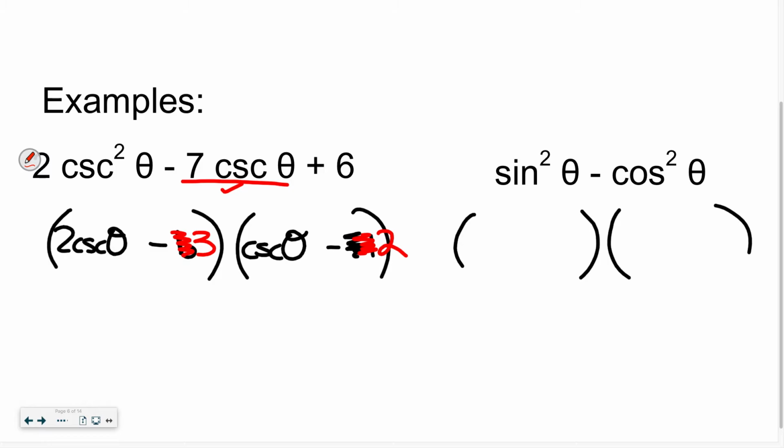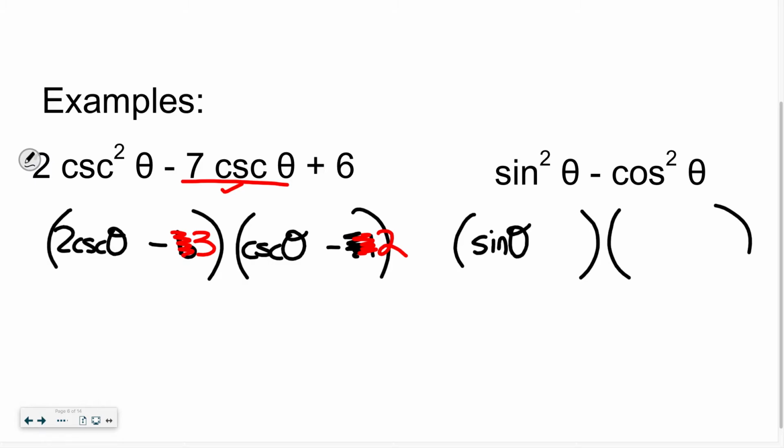Okay. Did anybody figure out sine squared minus cosine squared? What do you think it is, Nikki?